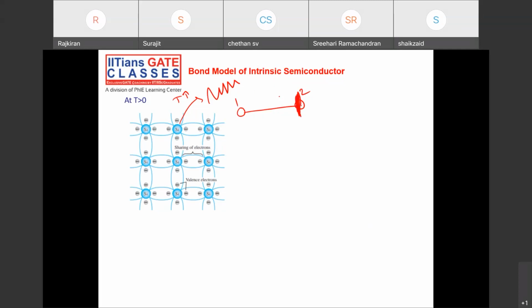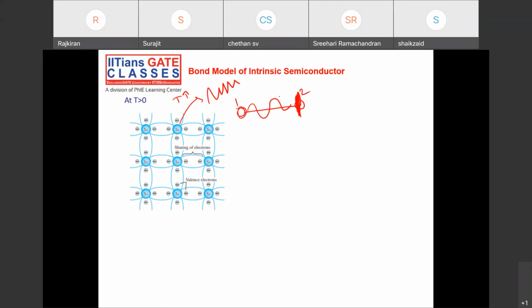When it vibrates, it will pass the elastic wave to ball 1 also. Right or not? So at T greater than 0, all atoms will vibrate, that will generate an elastic wave, and that will pass to all the different atoms.